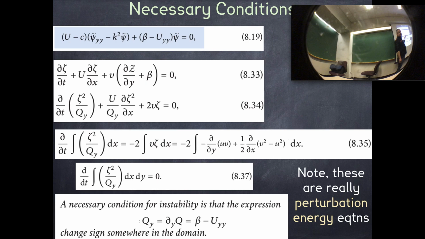Okay, so what kind of an equation is this if it's an equation for zeta squared? If this is an equation for the vorticity, this is an equation for the vorticity squared. If I took the momentum equation and wrote an equation for the momentum squared, what would that be? Energy.